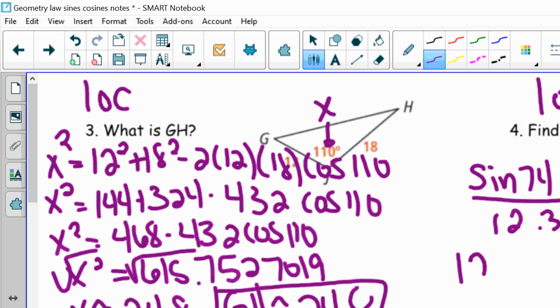Cross multiply, so 12.3 sine x equals 12.7 sine 74. Divide both sides by 12.3. So now I have the sine of x equals, I'm going to plug all of this in my calculator. So 12.7 times the sine of 74, that whole thing divided by 12.3, and I get 0.9925.